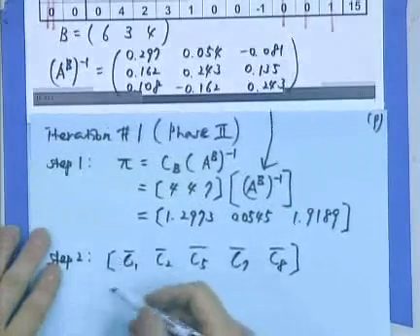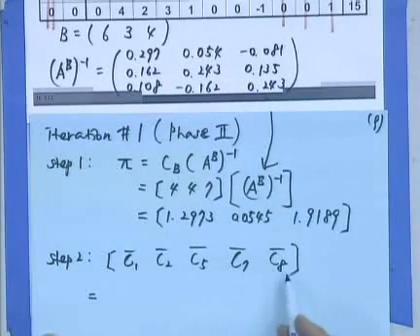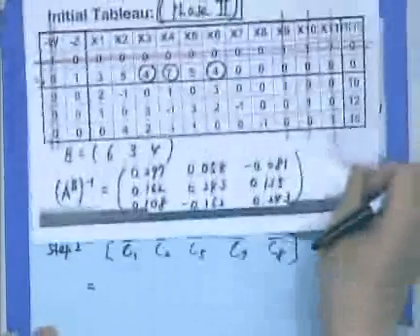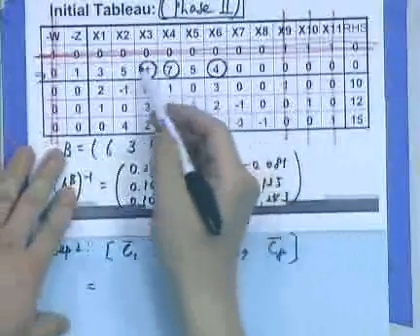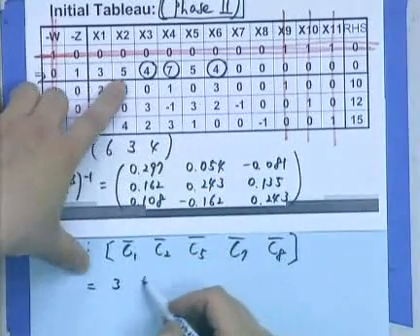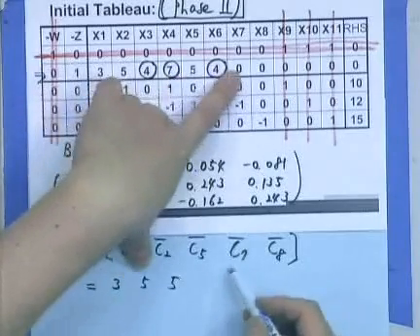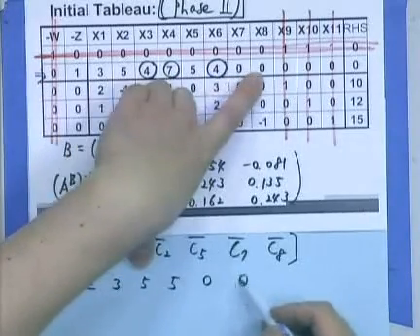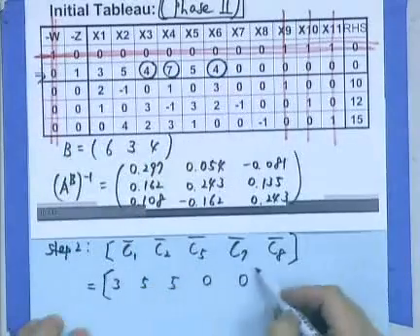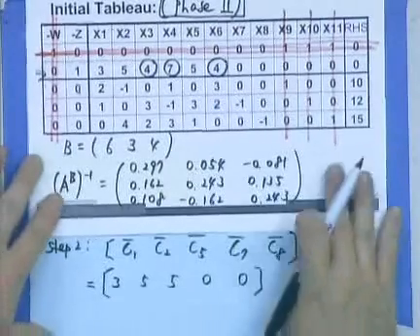The objective coefficients corresponding to these non-basic variables are 3, 5, 5, 0, and 0, right? Sorry? Is that right? Okay.